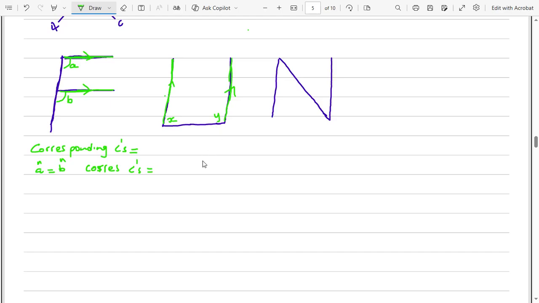So this tells you that if I take x and add it with angle y, they should give me 180. So we call them the co-interior angles. Next. Yeah. Co-interior angles add up to 180. You get it now? Yeah.